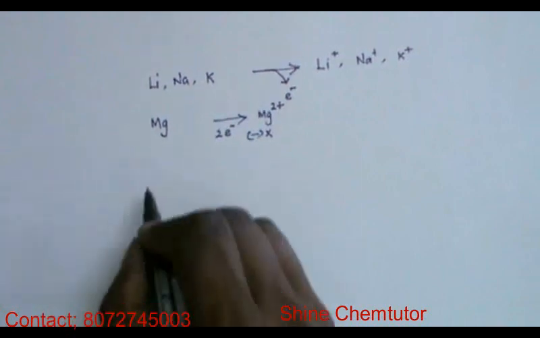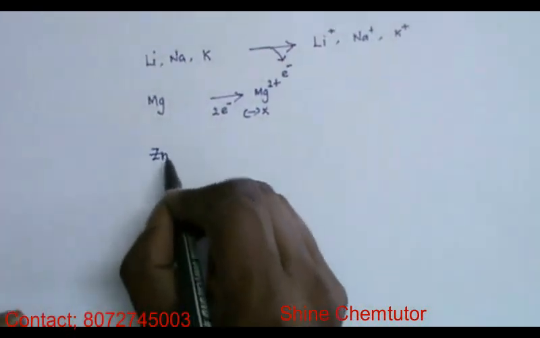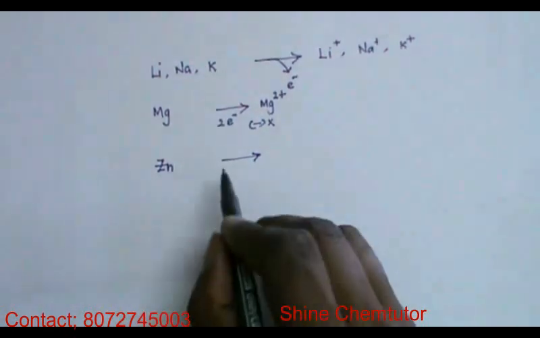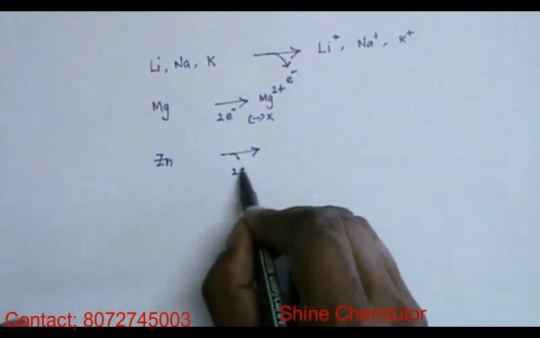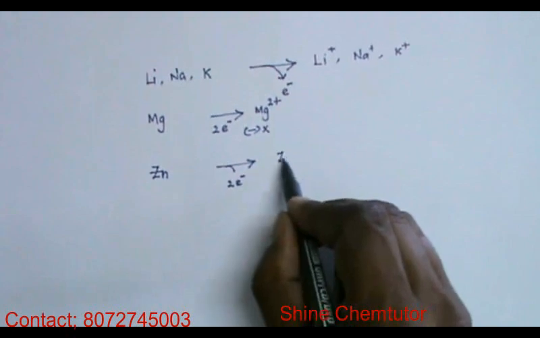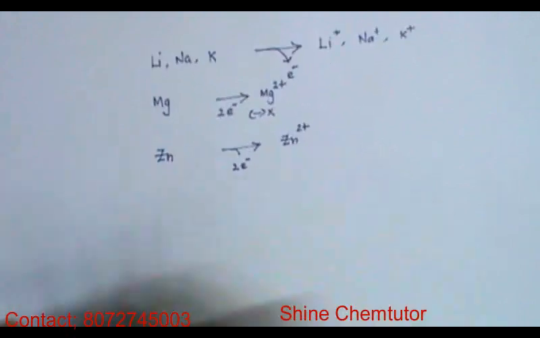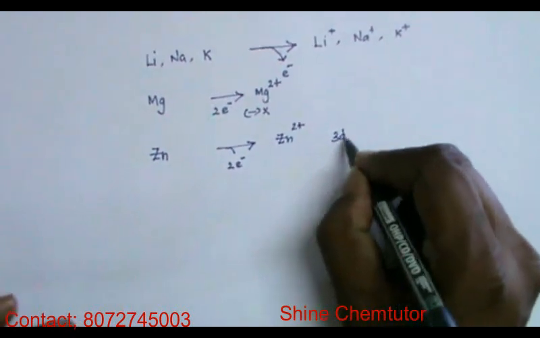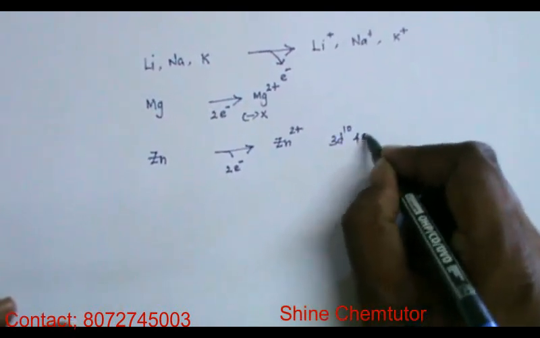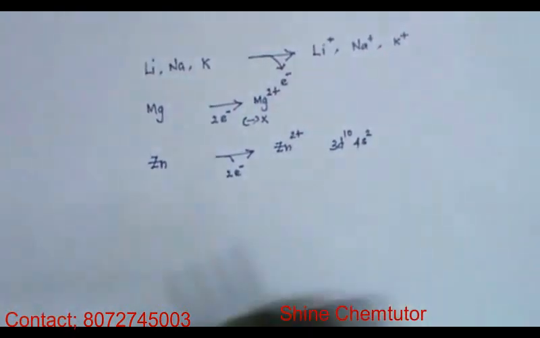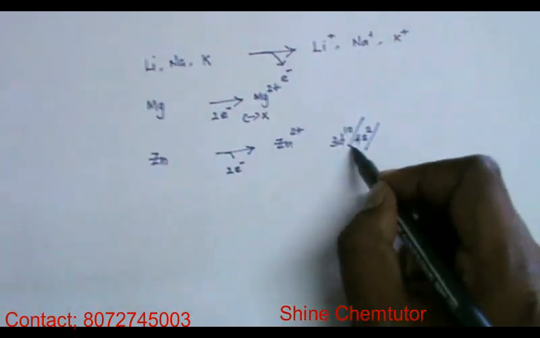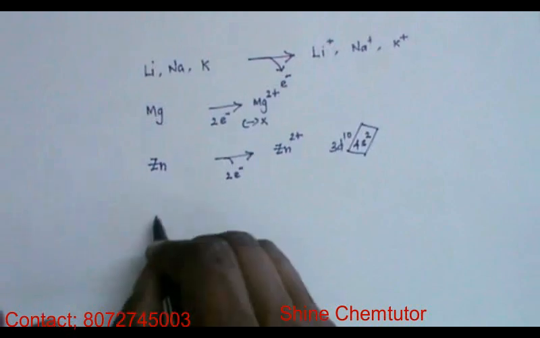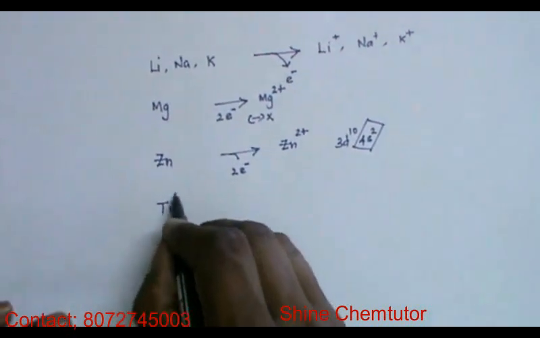Now I go for a few more metals like zinc. This also can give 2 electrons and become zinc 2+. The electronic configuration of this is 3d10 4s2. So it can lose these 2 electrons to become zinc 2+. Another one, titanium 3+.